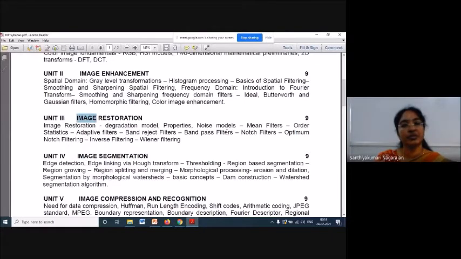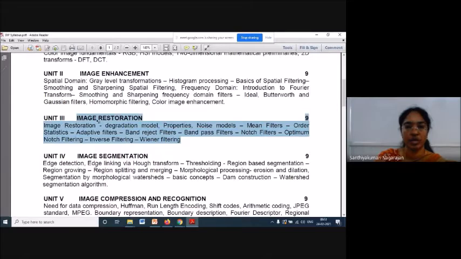Then we are going to study notch filters, for the narrow information you want to process. You might already have studied inverse filtering and Wiener filtering in DSP and digital communication. They are applied here to recover your original image.